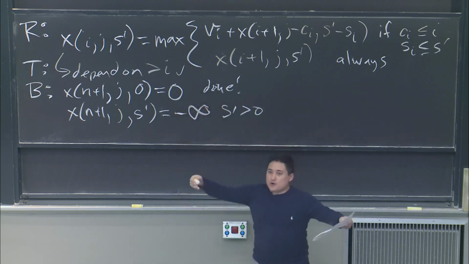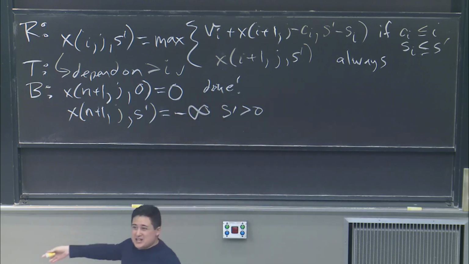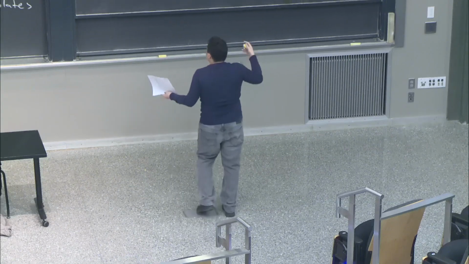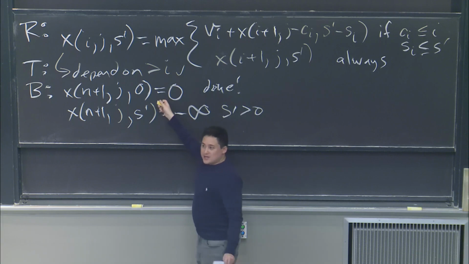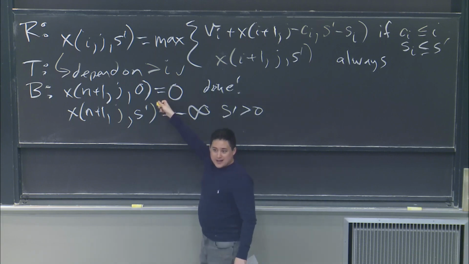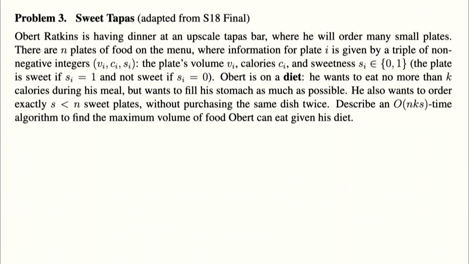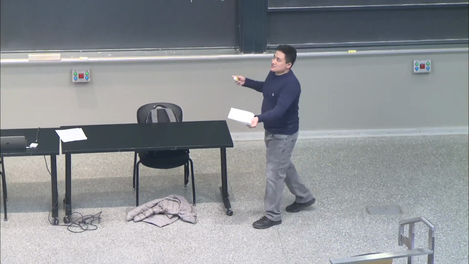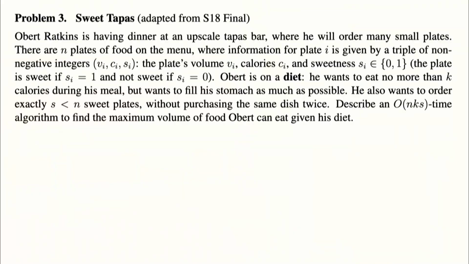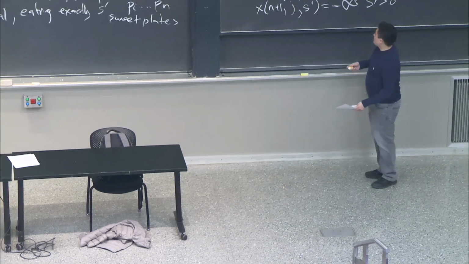If I do my dynamic program and I get a minus infinity up at the top, that means there is no path to this subproblem where I'm happy. I'm always sad, and so I return that the maximum volume of food Obert can eat and maintain his diet is not possible. Essentially, there aren't S sweet dishes in the thing whose calorie budget are below my limit, right? And that's probably an easier thing to check than in this bound.